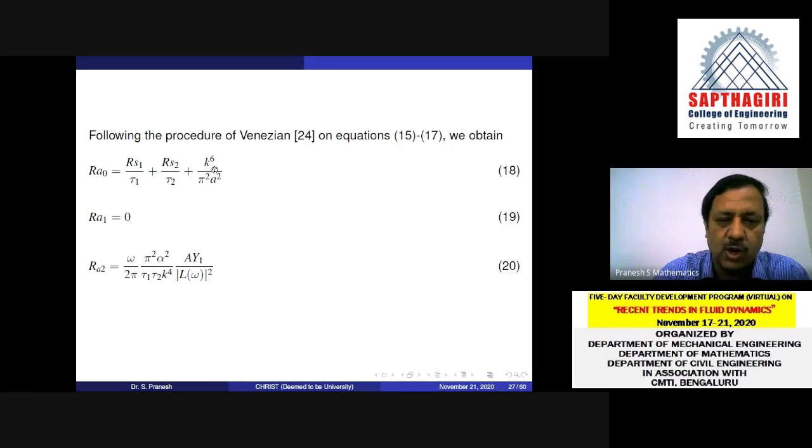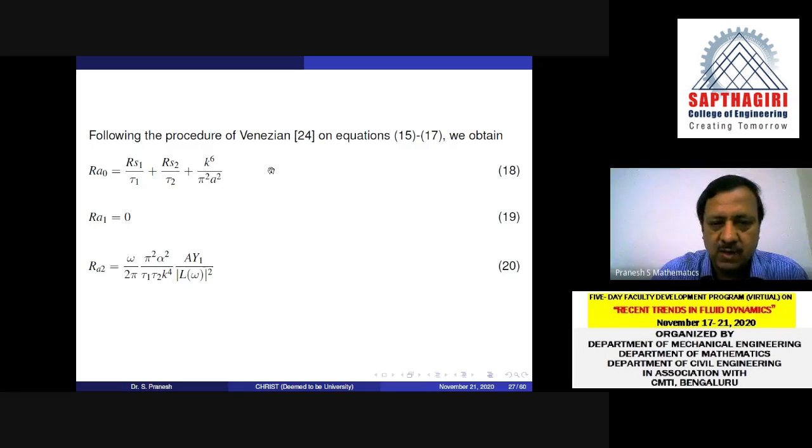Now I have two components, so that is k to the power of 6 for the single component, plus RS1, which is one of the solutes. So I get an expression for RA for double diffusive convection, and with RS2, we get the expression for triple diffusive convection. So from this, I can obtain the results for the single component, double component, as well as triple component.